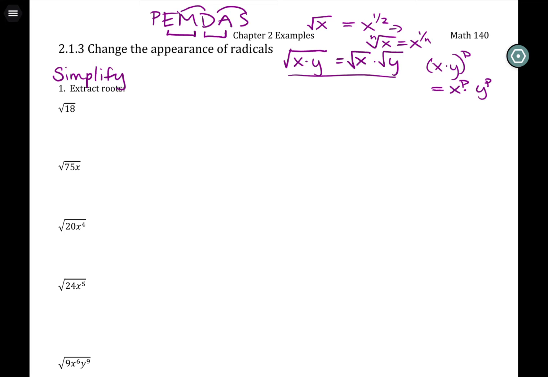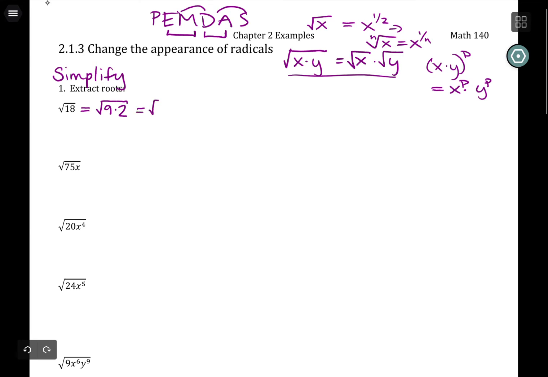So here I'm saying extract roots or simplify. I want to make the number under the root as small as possible. The only way I have to legally take things out of the root is if I actually apply the square root to whatever I'm taking out. That's not going to help me unless I'm taking out a perfect square. So I am looking for factors of 18 that are perfect squares, and 9 is the one that jumps out at me.